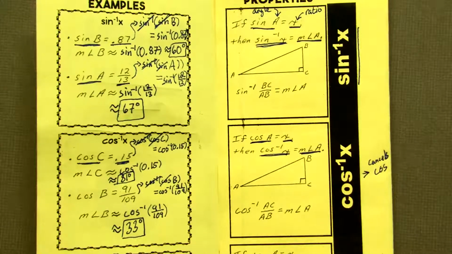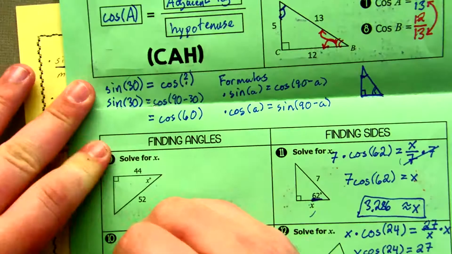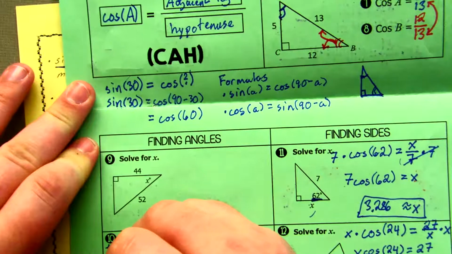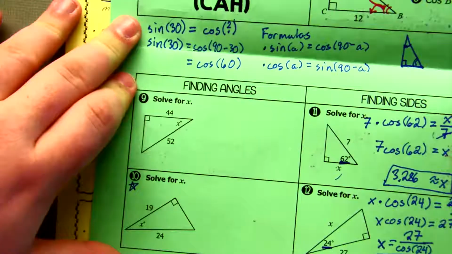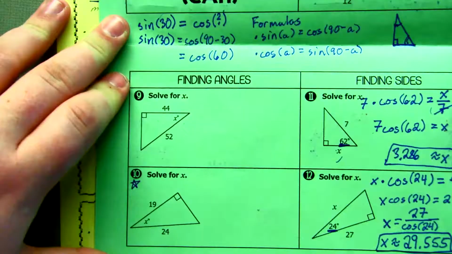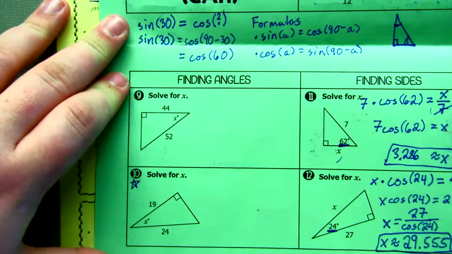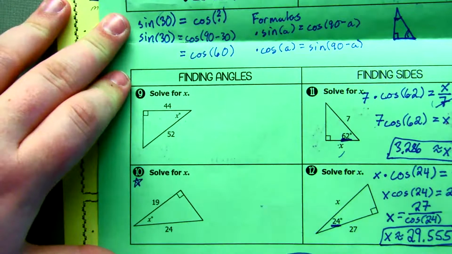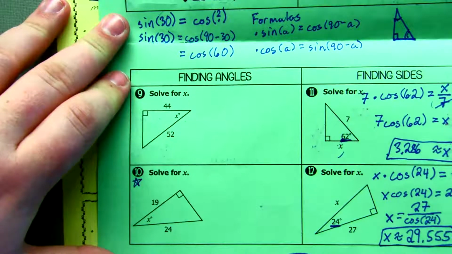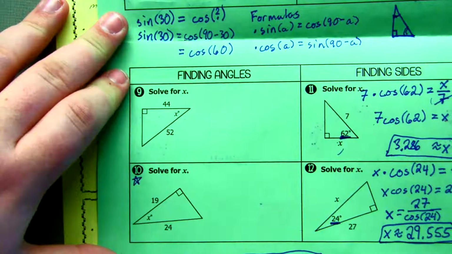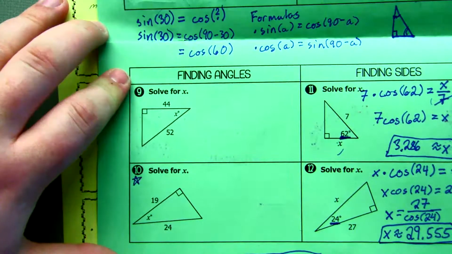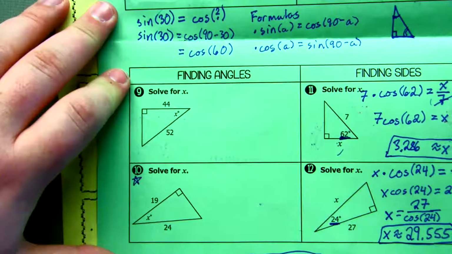Now, if I could have you all move back over to our green flip book, we are going to be working problem number 10. It should look something like this. Take a couple seconds and on your own, try and come up with the equation that you want to use.